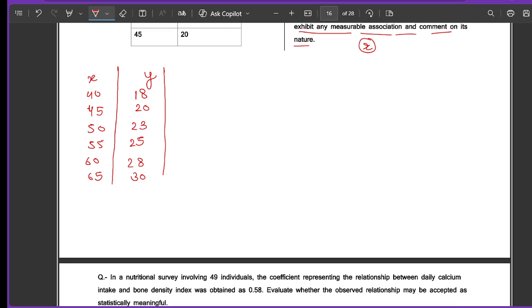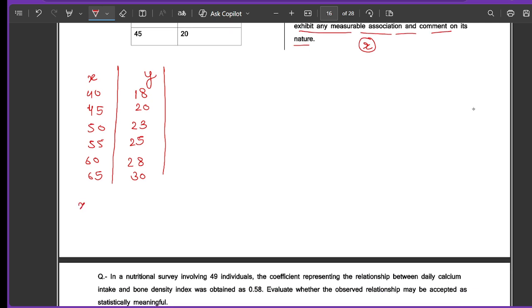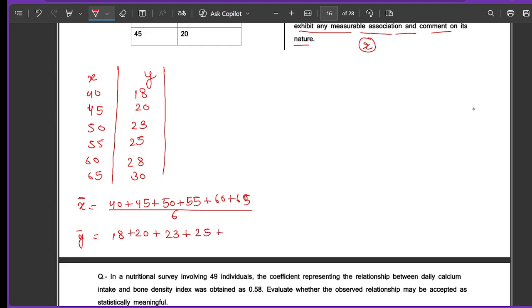Now you have to calculate the mean of x, which is 40 plus 45 plus 50 plus 55 plus 60 plus 65 upon 6. The mean of y is 18 plus 20 plus 23 plus 25 plus 28 plus 30 upon 6.